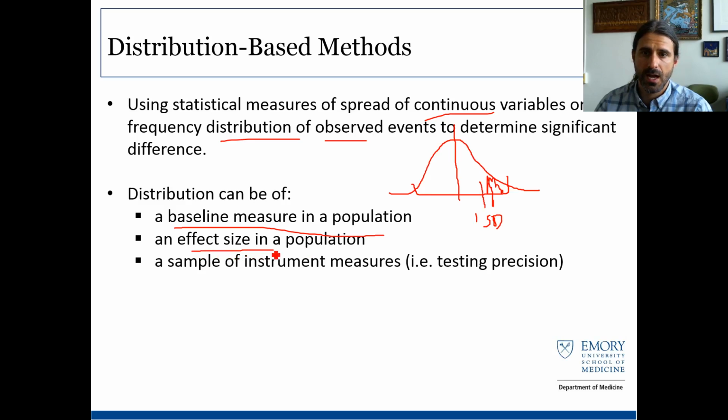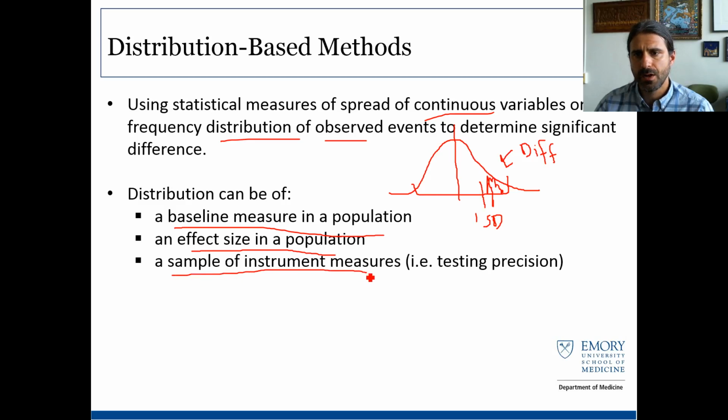You could also look at effect size in a population. So instead of measuring the baseline serum cholesterols, this could be measuring the pre and post difference in serum cholesterols after treatment with a known drug that improves cholesterol, lipid lowering drugs. You could look at the differences, or the effect size, plot a distribution, and look at the standard deviation of that.